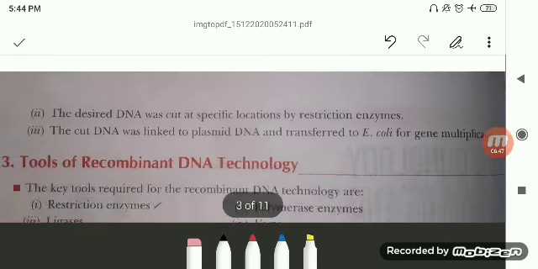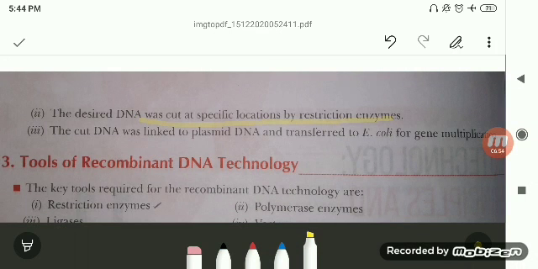Next, the desired DNA was cut at a specific location by restriction enzymes, and the cut DNA was linked to the plasmid DNA and transferred into E. coli for gene multiplication. These are the basic steps we have to follow.